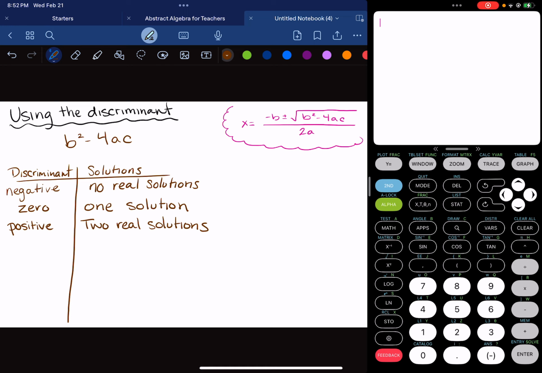Now, if the positive discriminant is a perfect square, that means that our quadratic can be factored. It's factorable. We also know that if the discriminant is 0, that is also factorable.